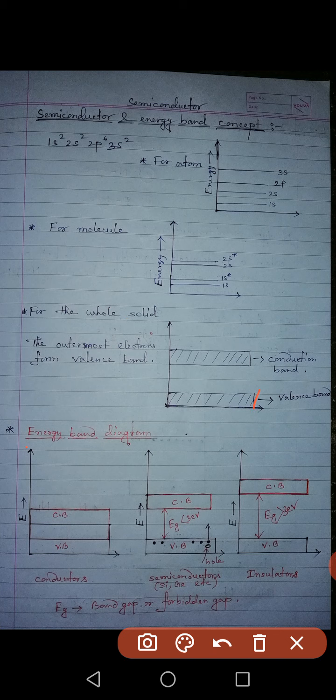For all metals, this type of configuration is there. As a result, the electron present in the valence shell is very loosely bound with the nucleus, so at room temperature the electrons can move.